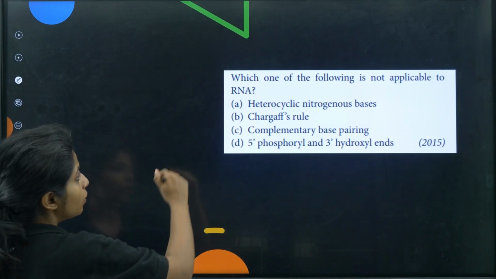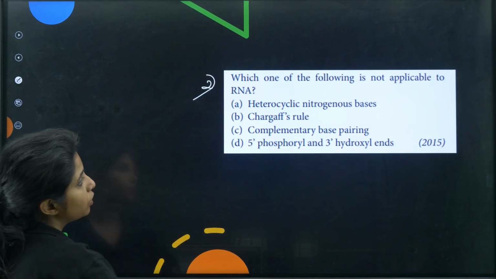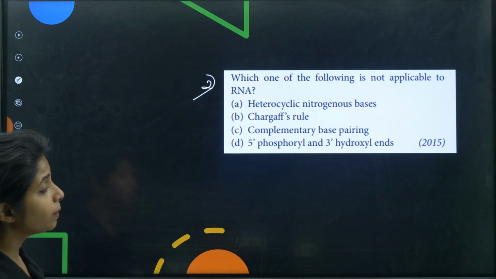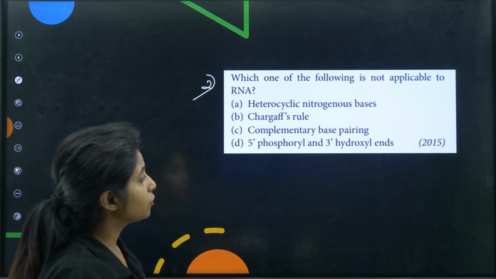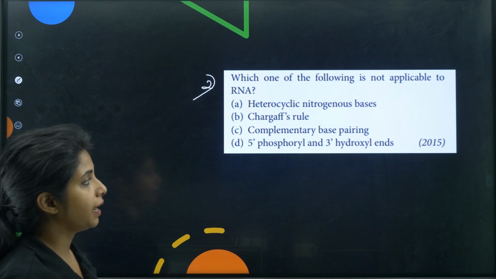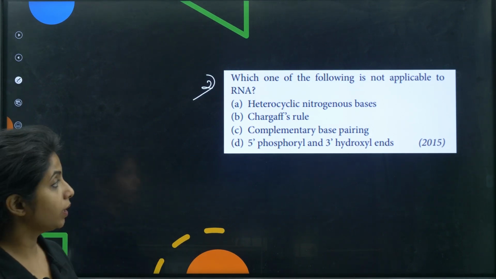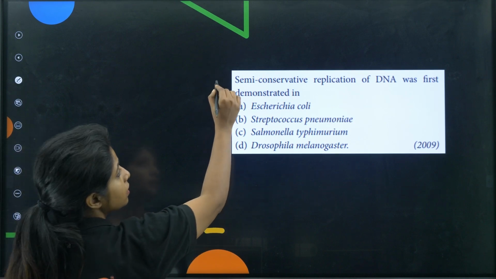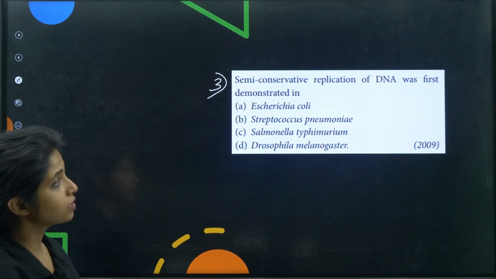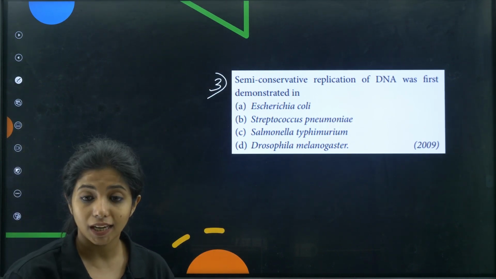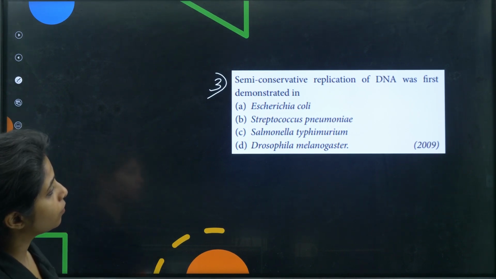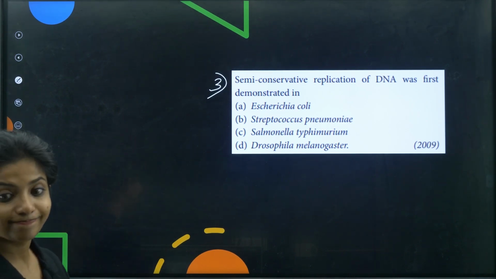Next question for you, which one of the following is not applicable to RNA? Heterocyclic nitrogenous bases, Chargaff's rule, complementary base pairing, 5-phosphoryl and 3-hydroxyl ends. Okay, do it now. Third, semi-conservative replication of DNA was first demonstrated in Escherichia coli, Streptococcus pneumoniae, Salmonella typhimurium, Drosophila melanogaster.